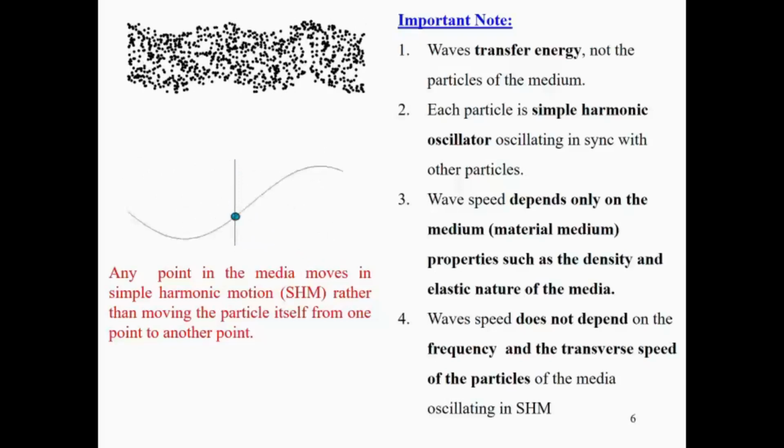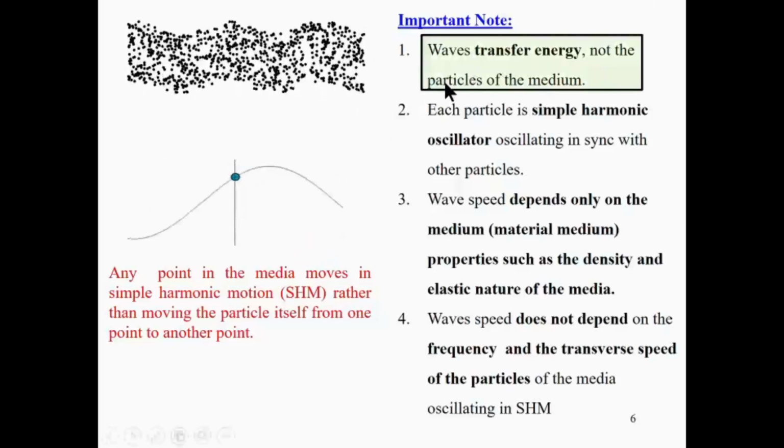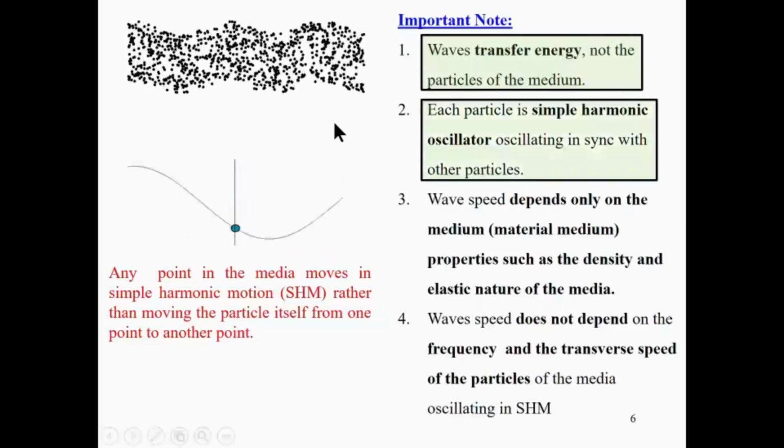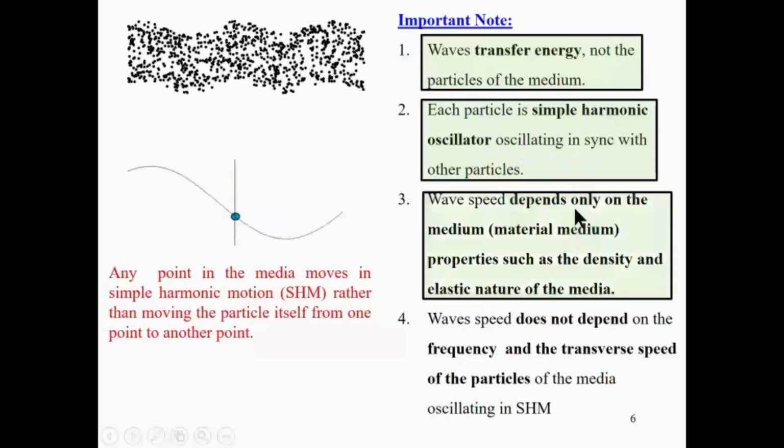So here's the important point to note. Waves transfer energy, not the particles. Each particle in the medium is a simple harmonic oscillator, and we know the behavior of a simple harmonic oscillator. We know the equation, right? And wave speed depends only on the medium, the type of material medium.